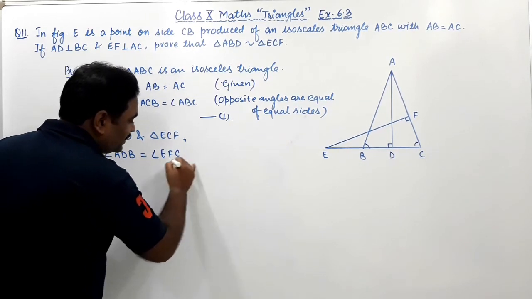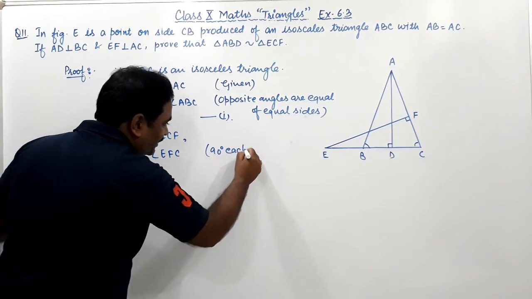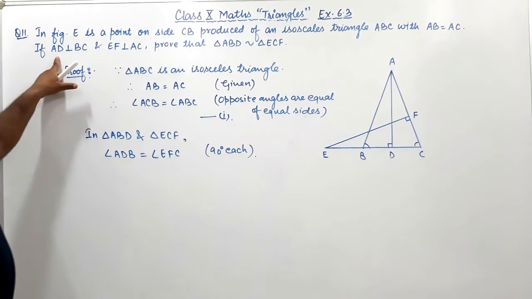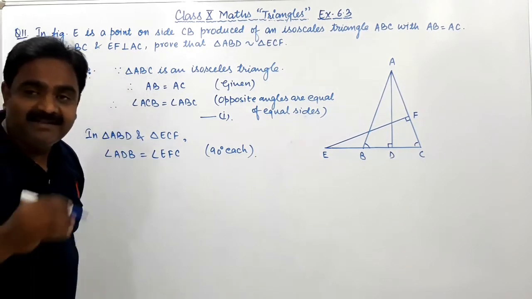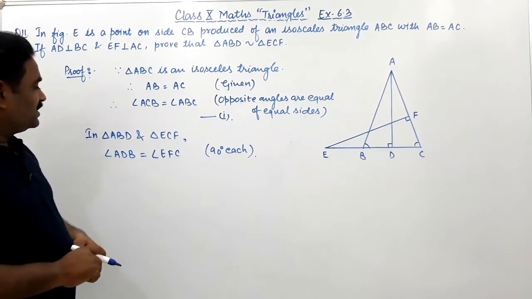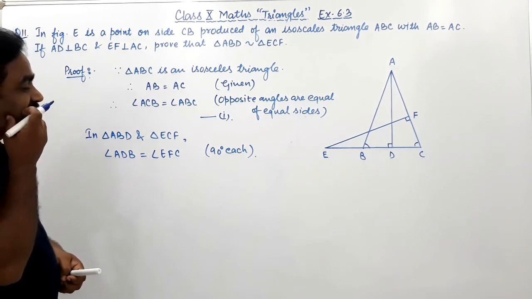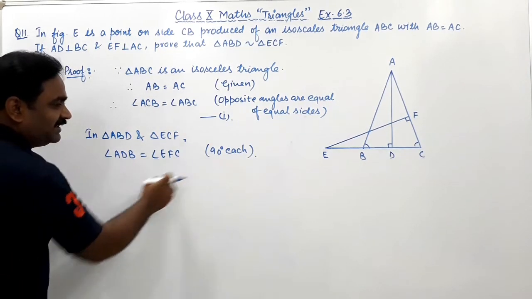They are equal because 90 degree each, right? Since it is given AD is perpendicular on BC, EF is perpendicular on AC. Clear? Okay. Now in these two triangles, one angle we have seen that they are equal. This is 90 degree each.